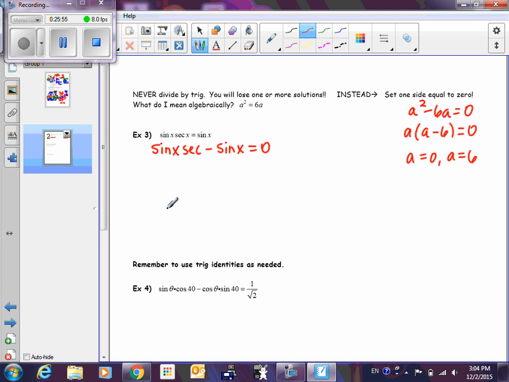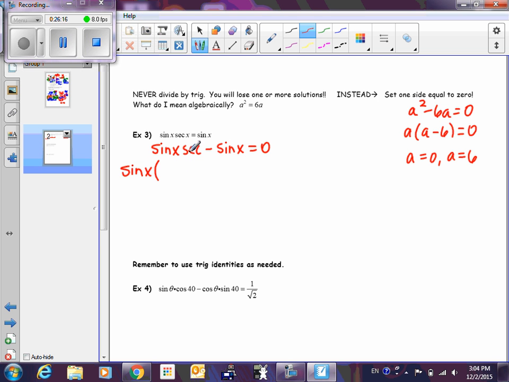And this is, by the way, why did we do trig proofs? One reason is to prepare you for the next step here. What's something I can do here? They both have a sine. Well, that's okay. I can factor it out.